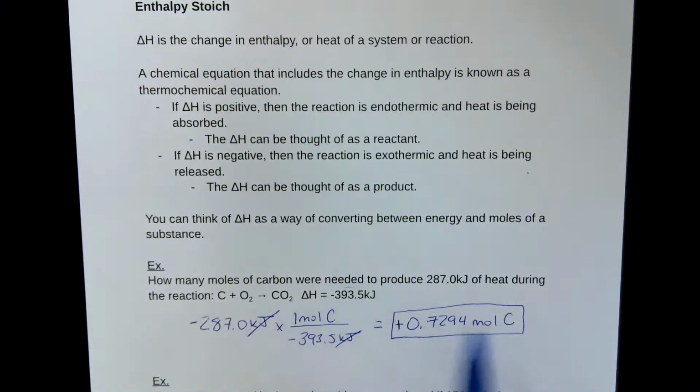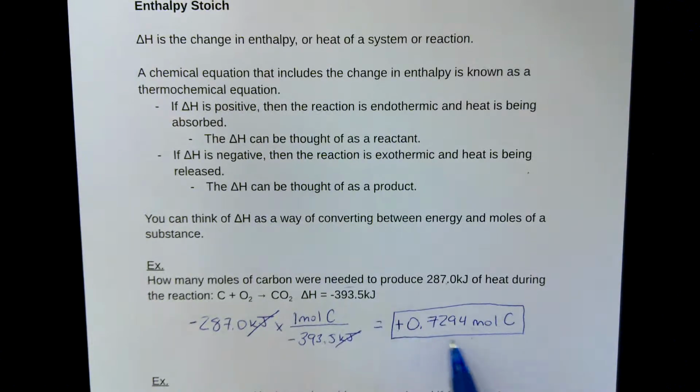So there are 2 ways to get the correct positive answer here, whether you use logic at the end, to say it's not possible to have a negative amount of something, or whether you recognize that if you are producing this much heat, the sign should be negative, and then mathematically come out with a positive. Either way, as long as you end up here, you've done correct.